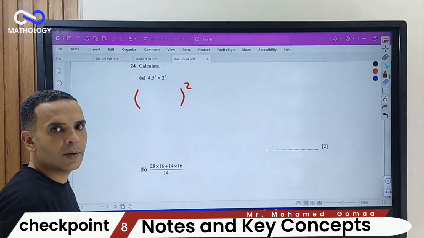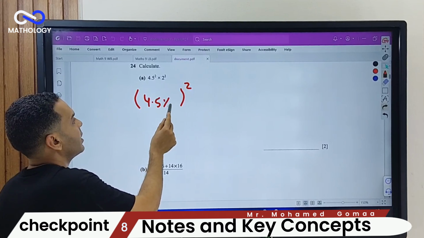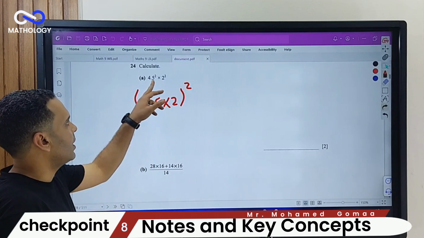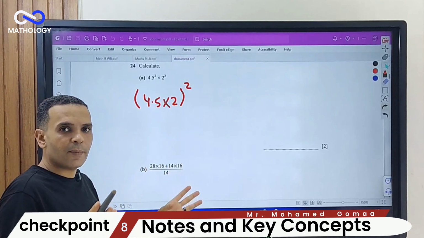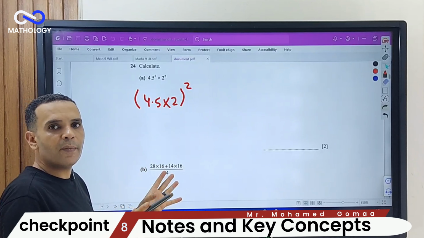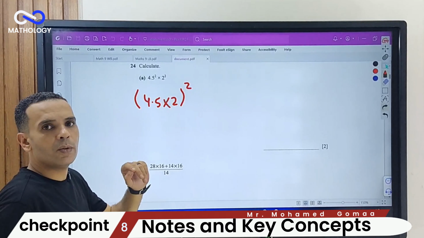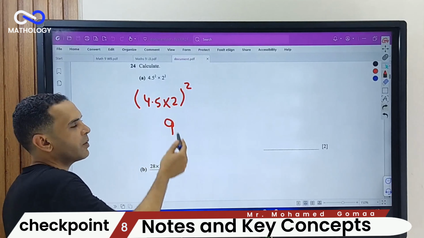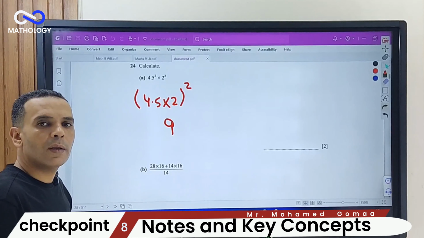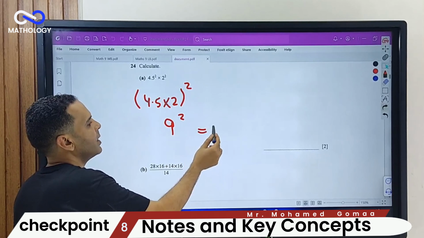Keep the same power and do the multiplication operation first. Keep 2 as a power. We have different bases but the same power. 4.5 multiply 2 equals 9. 4.5 plus 4.5 equals 9. 9 power 2 equals 81.